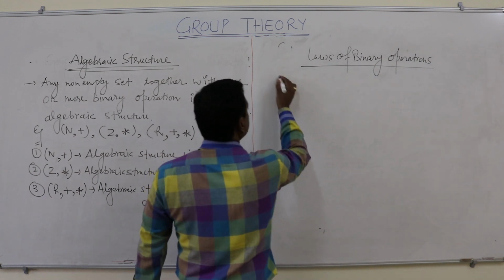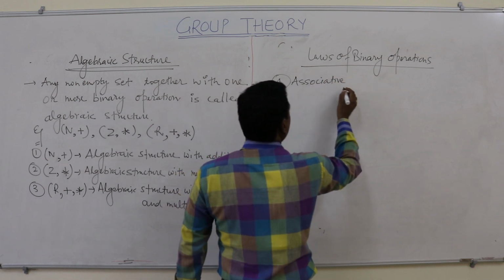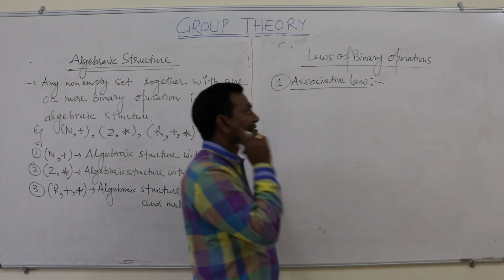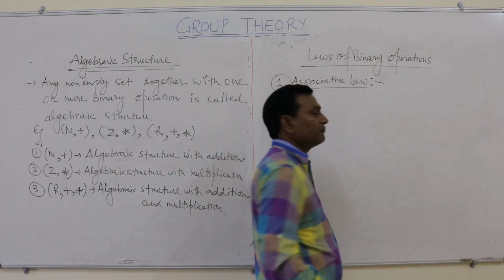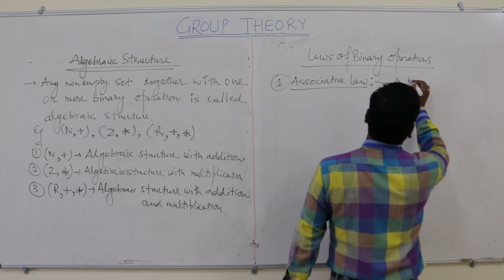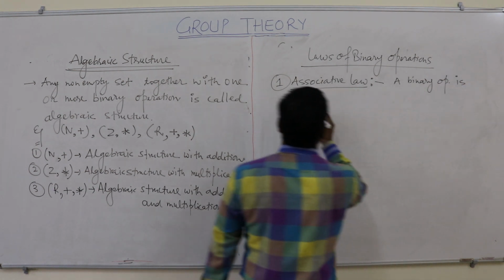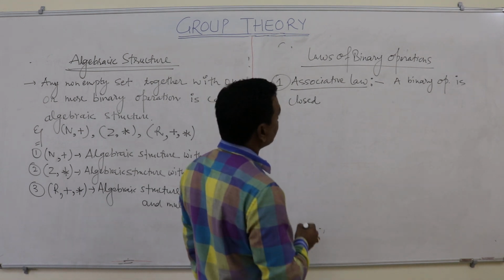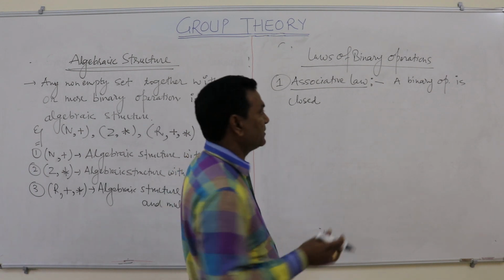The first law is the associative law. This law says a binary operation is closed, or we can say this binary operation is associative.